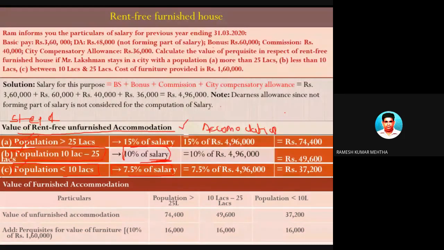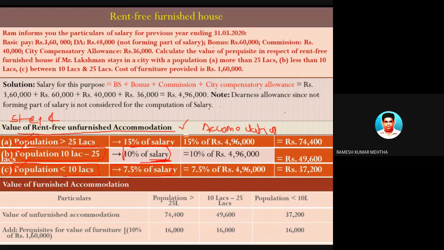Salary for the purpose of calculation of accommodation is basic salary plus DA, if DA forms part of retirement benefits, plus bonus, plus commission, plus fees, plus taxable part of allowances, plus monetary benefits. But you should not take into account any other perquisites.